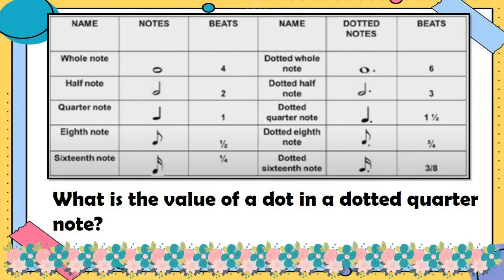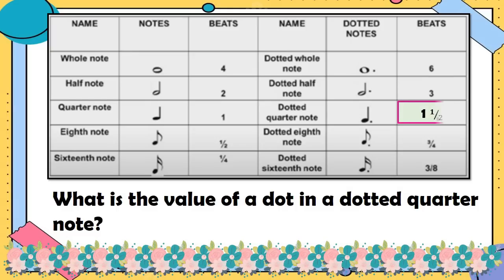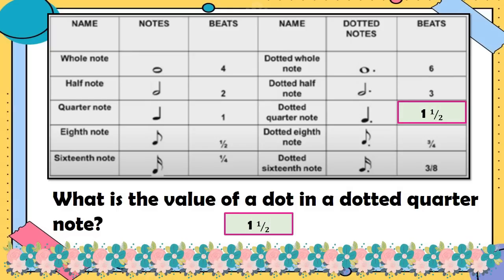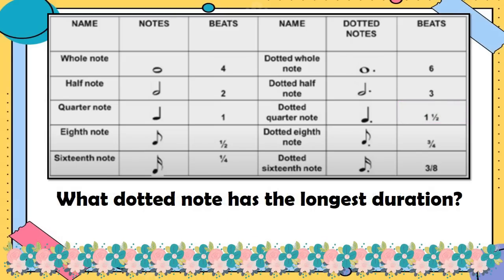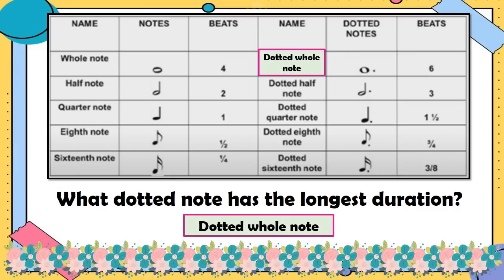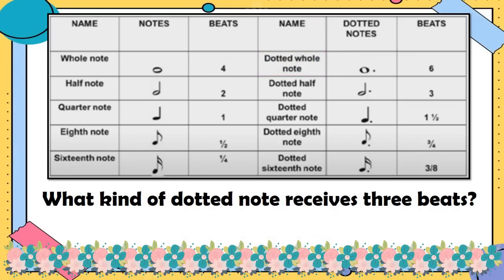What is the value of a dot in a dotted quarter note? Yes, the value of a dot in a dotted quarter note is 1/2 beat. What dotted note has the longest duration? Study the chart. The dotted note that has the longest duration is dotted whole note. What kind of dotted note receives 3 beats?